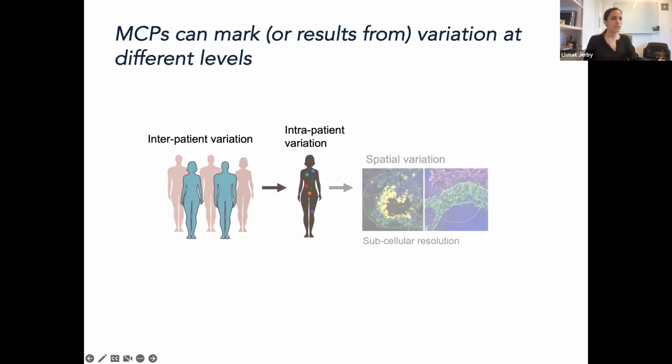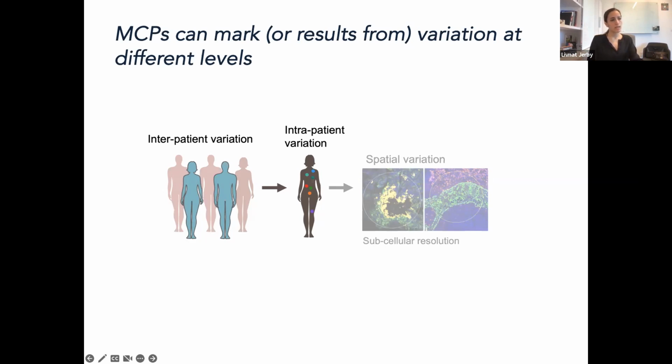And there are different levels of variation that collectively can be integrated. So what I mean by that, you can think of multicellular programs that recapitulate variation across different anatomical sites, different tissues, longitudinal data where, for example, a sample is being collected across different time points, and also variation across different individuals.